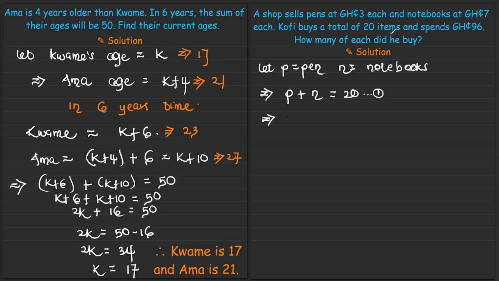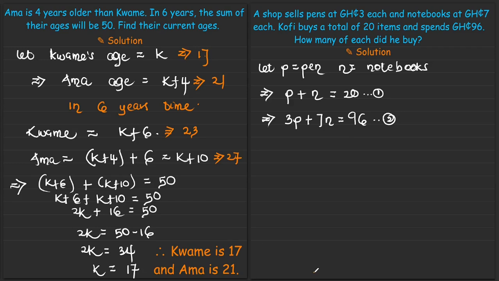So the total amount he spent on pens is going to be 3 cedis times how many pens he bought. Plus the total amount he spent on notebooks; we know the price of a notebook is 7. So 7 times the number of notebooks he bought. We are told that he spent a total of 96. This is going to be our equation 2.